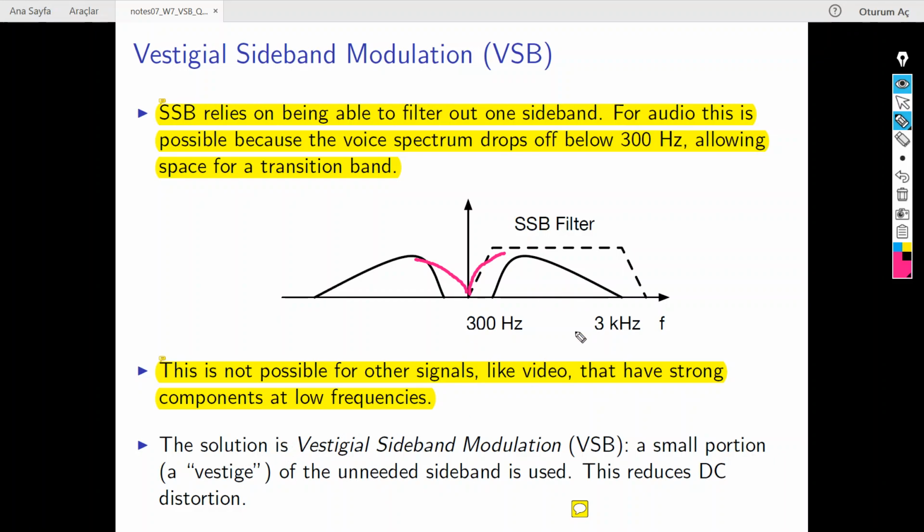So the solution to this problem, if it starts from 0 and I don't have a practical ideal filter that can exactly cut the signal perpendicularly with sharp edges, is to use vestigial sideband modulation. Vestige means a small portion of the unneeded sideband signal is used. Why? Because of the shape of the filter that I use to transmit my signal. And this reduces DC distortion. Let's see how.